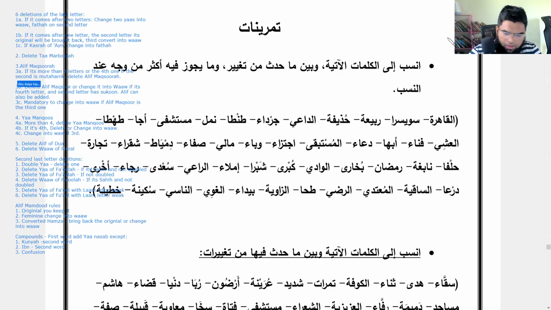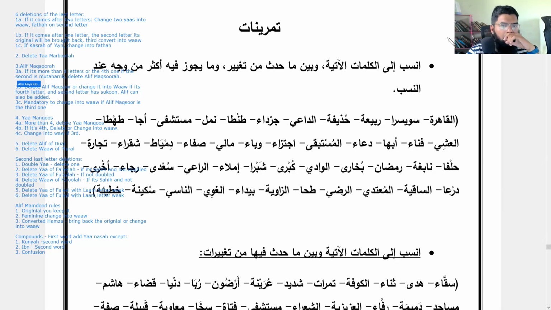Wilderness. Baida is wilderness. So the root letter is ba, the yabidu. This is feminine Hamza. So feminine convert into Waaw. Baidavi. Baidavi.